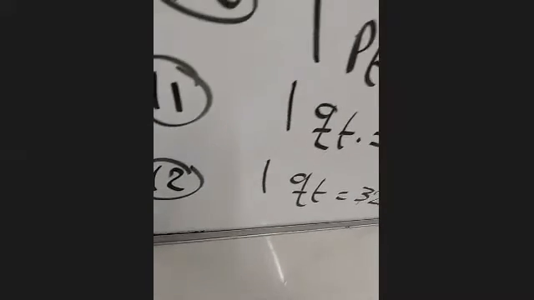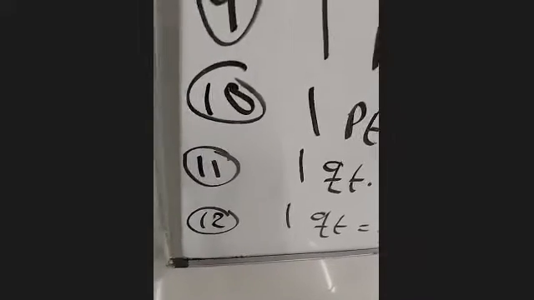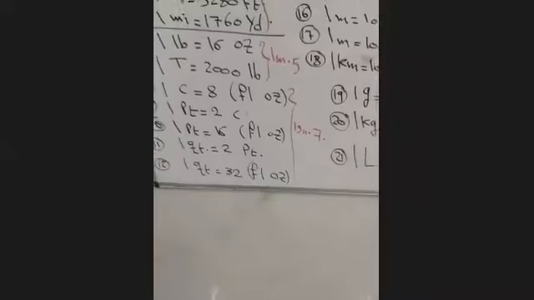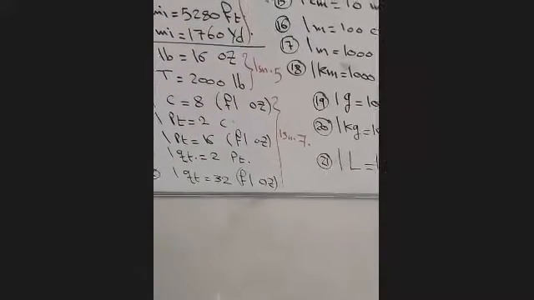What is its weight in ounces? We have 1.5 tons. We need to turn from ton to ounce, right? And 1 ton equals 2,000.